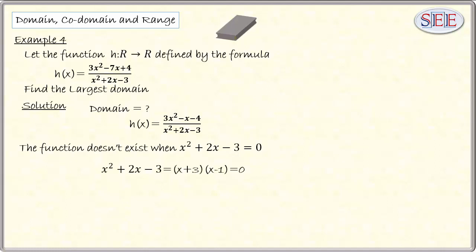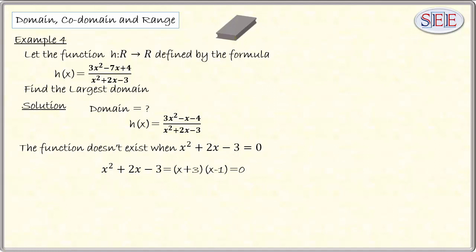If I solve that quadratic equation at the denominator equal to 0, the roots of that quadratic equation are those that I will exclude from the domain, because those will make the denominator 0.